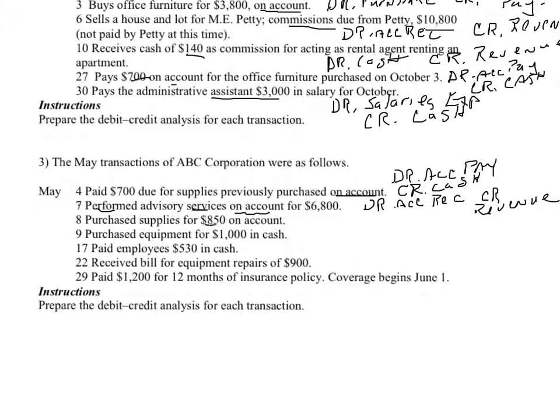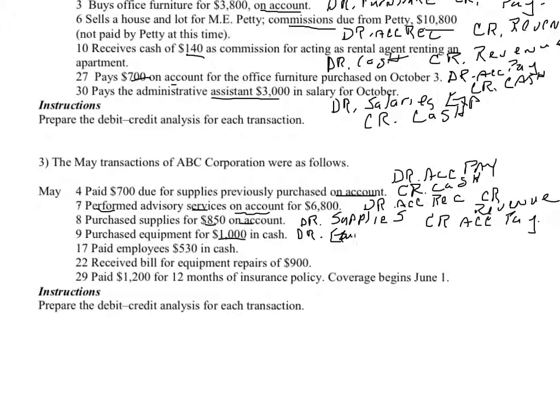Every time I perform a service. I purchase supplies on account. My supplies goes up, debit supplies. Beginning to see how these transactions repeat themselves. And my liabilities go up, credit accounts payable. Purchased equipment for $1,000 in cash. Equipment goes up, debit equipment.